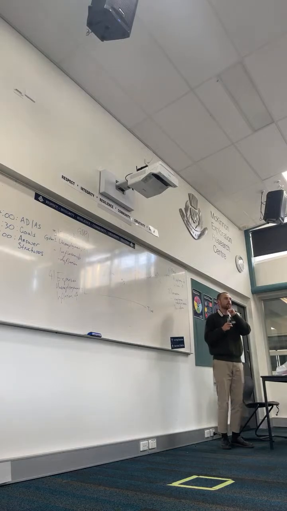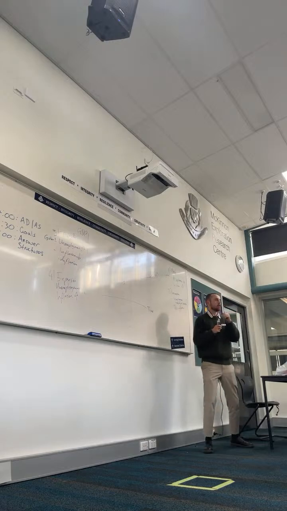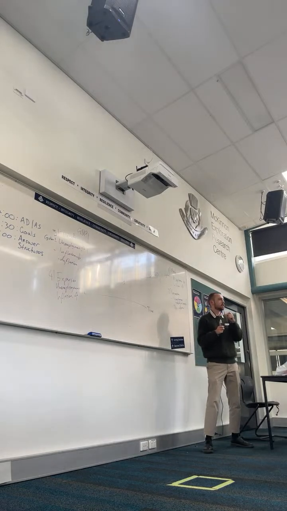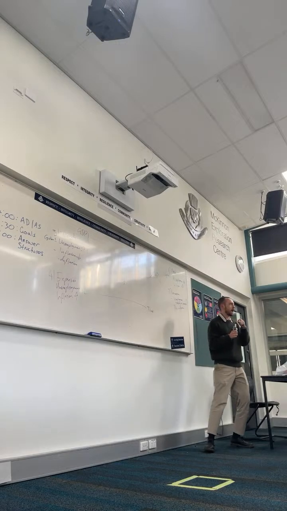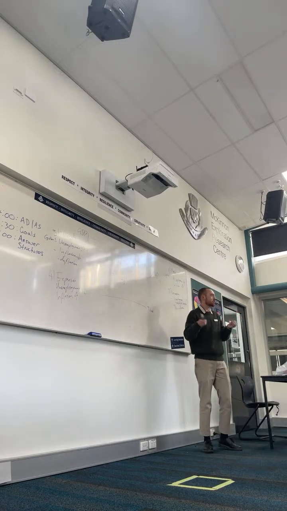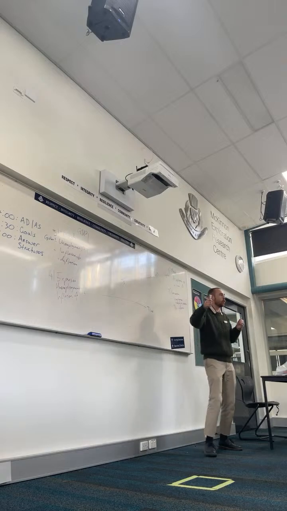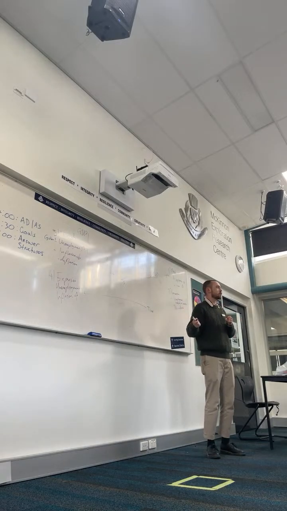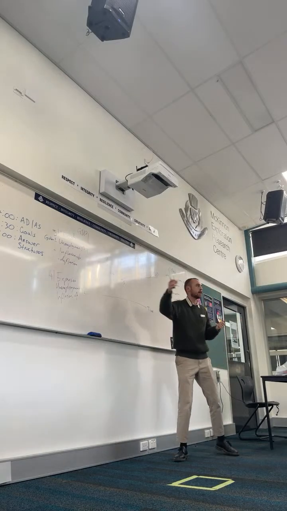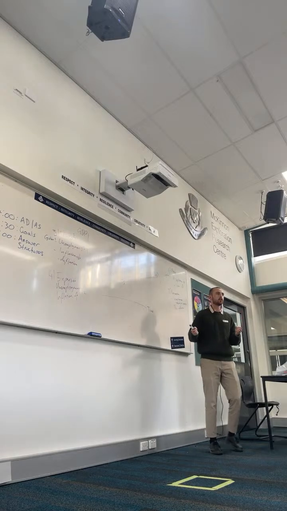What's a consequence of high inflation? Starts with a P. Purchasing power. Yeah, we don't have as much purchasing power. We can't really afford to buy goods and services. So people might leave the market, therefore economic activity slows down.